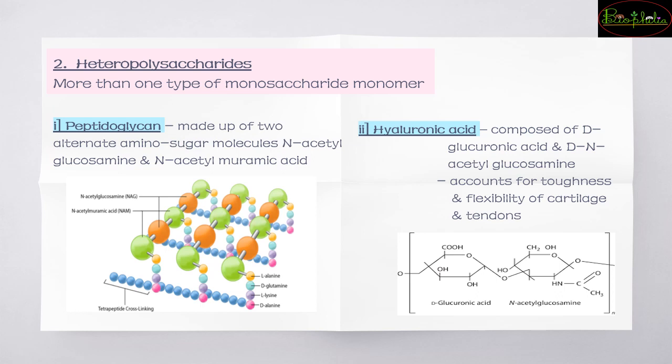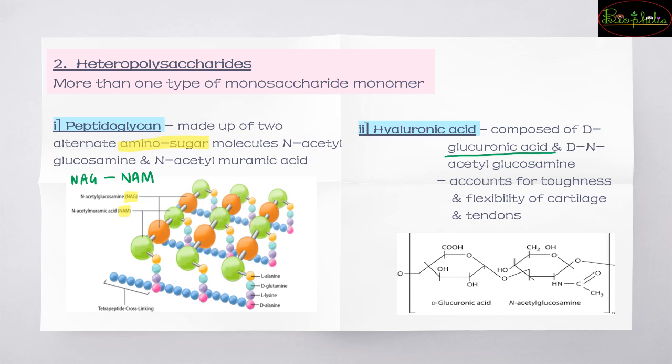Peptidoglycan जो होता है उसमें alternation of amino sugars होती है, that is N-acetyl glucosamine and N-acetyl muramic acid. दो amino sugars हैं, N-acetyl glucosamine that is your NAG और NAM that is N-acetyl muramic acid. इन दोनों के बीच में alternation होता है, and that alternation will form your heteropolysaccharide that is peptidoglycan. Hyaluronic acid जो होता है, it is going to be composed of glucuronic acid and N-acetyl glucosamine.